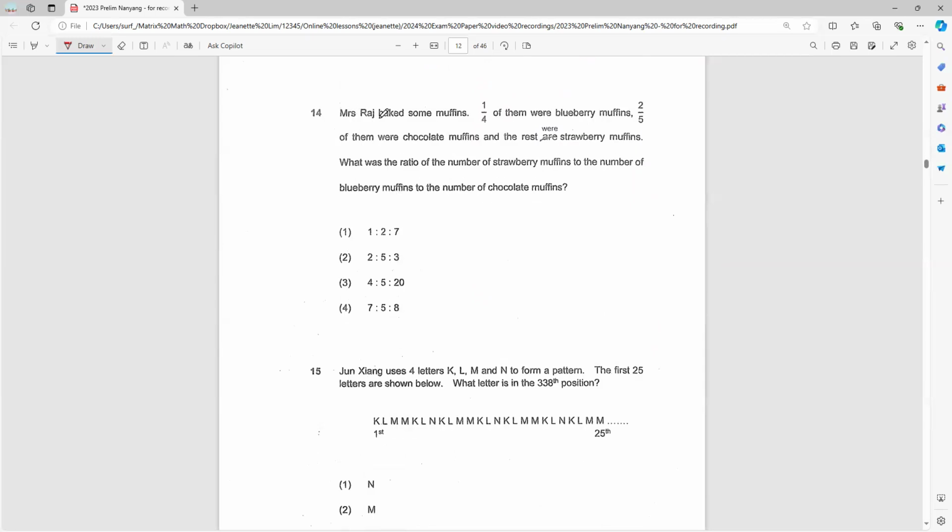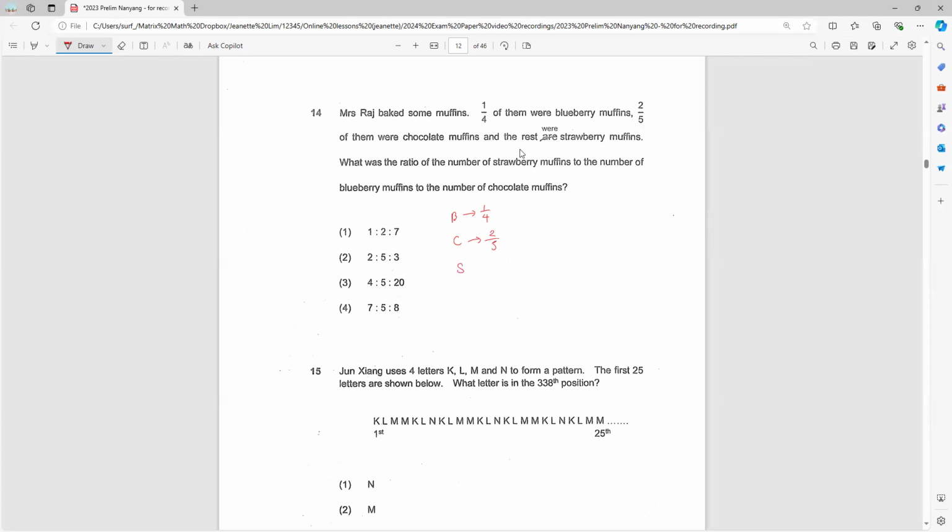Question 14. Mrs. Raj baked some muffins. 1/4 were blueberry muffins, 2/5 of them were chocolate, and the rest were strawberry muffins. What was the ratio of the number of strawberry muffins to blueberry to chocolate? If blueberry is 1/4, then chocolate is 2/5.